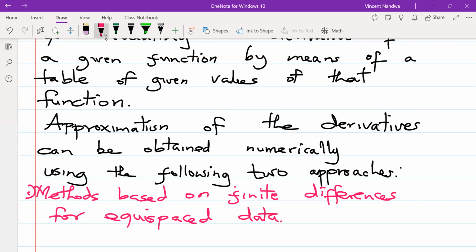Now, when we say equispaced data, we simply mean equally spaced values of the mesh points.